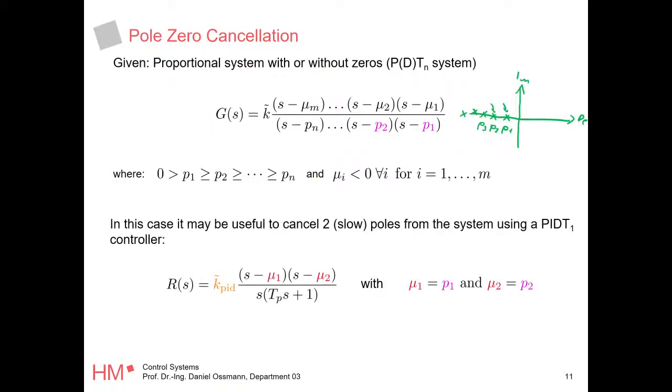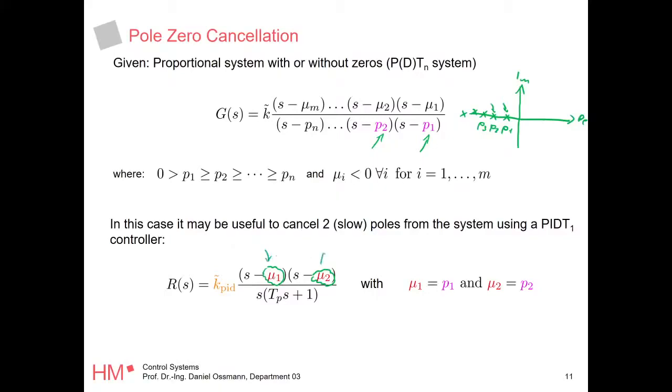And we have a controller where we are free to choose these zeros. And here this is a PID T1, so I make it actually careful. We have to consider this additional one just to make it implementable. And now we are just saying, okay, we know that these are the slowest ones, so we're going to take them out. So we're going to set our zeros equal to our poles.